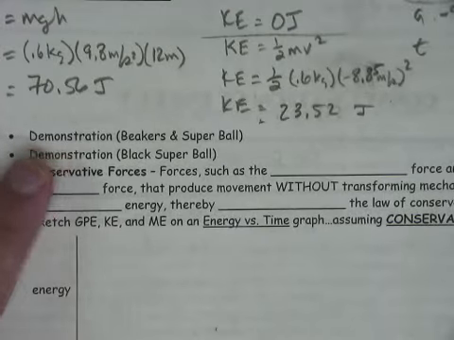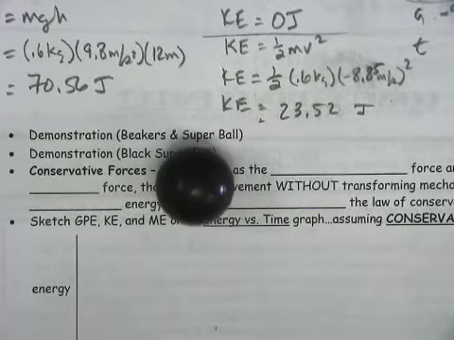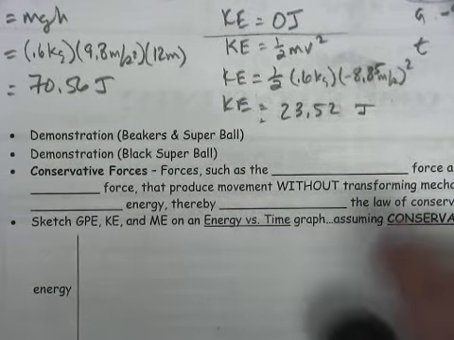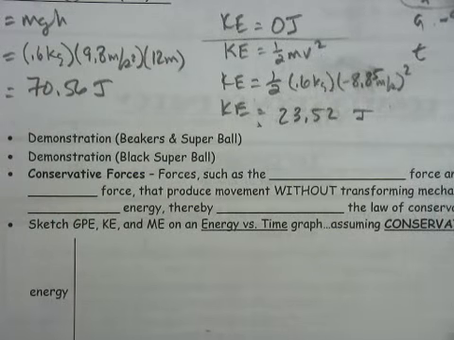All right, now I've got down here below a demonstration that I do in class. I can't really do this one in class with beakers and super balls, so you have to kind of attend class to get that one. I apologize for that. But I do have a super ball right here, and this is my next demonstration. So I just have a normal super ball that basically bounces.